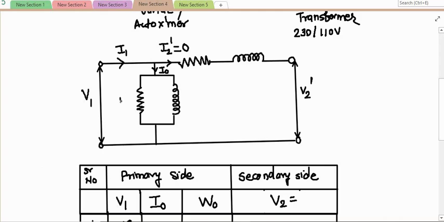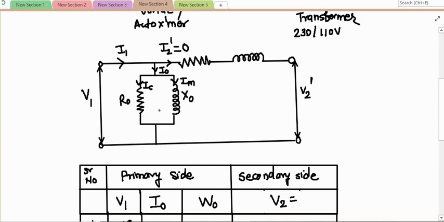This is R0. This is X0. What is the current through this? This is your IC, the core loss component of your no load current, and this is the magnetizing component of your no load current. Why have we included this shunt circuit in the equivalent circuit? For accounting for your no load current.